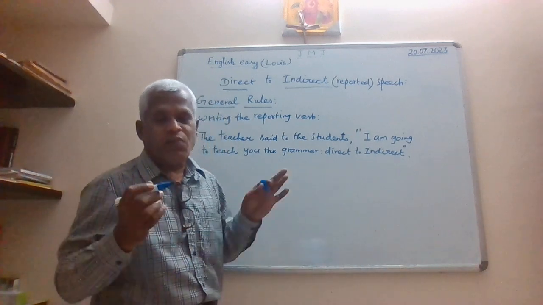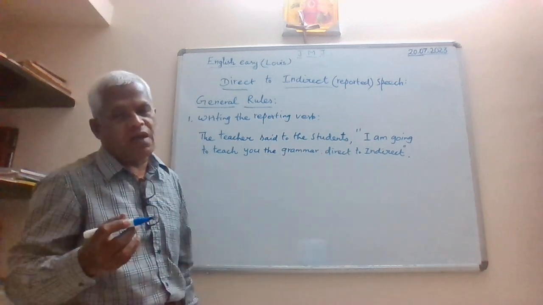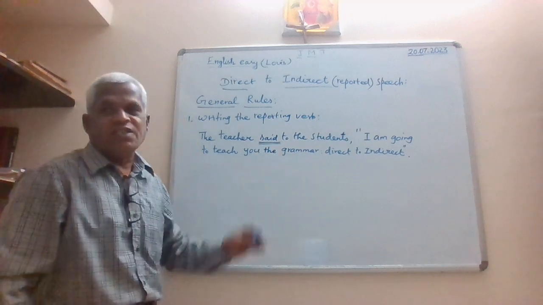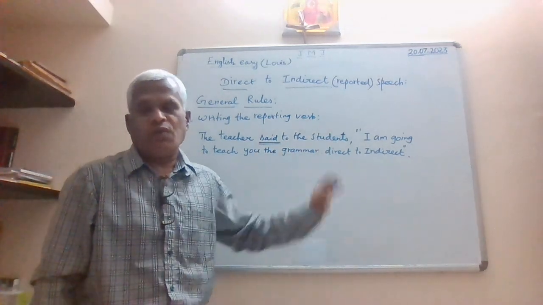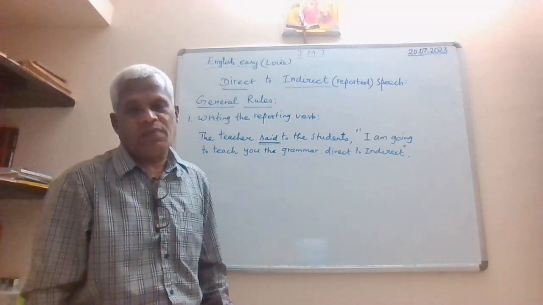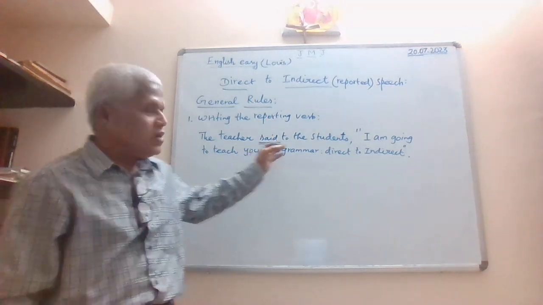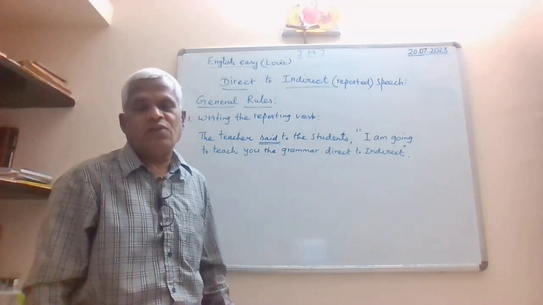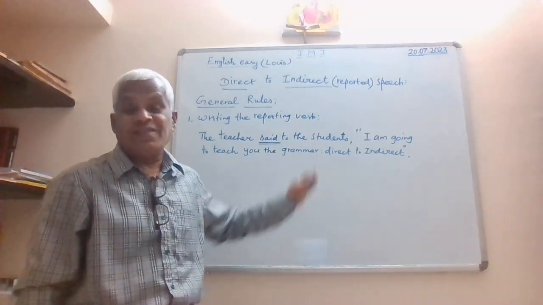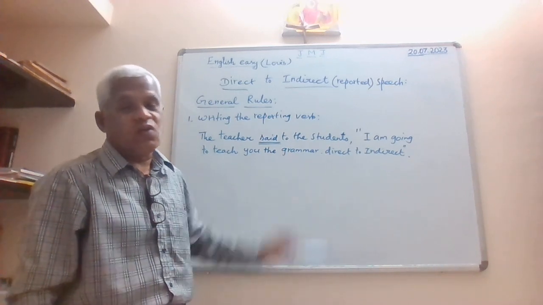So therefore the reporting verb is nothing but the verb that is outside the inverted commas. Now what is your verb here? The said. See? This is your verb. This is what is known as reporting verb. Now why do you say that this is reporting verb? Because from this verb only we are going to change from direct to indirect. And this is the verb that reports what is going to be written later on. That's why it is known as the reporting verb.